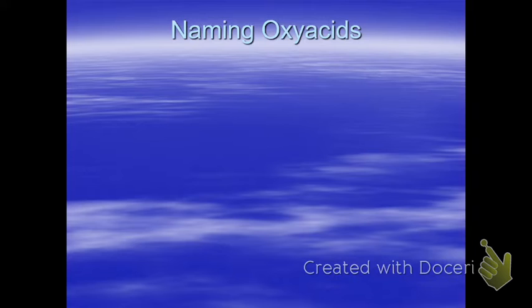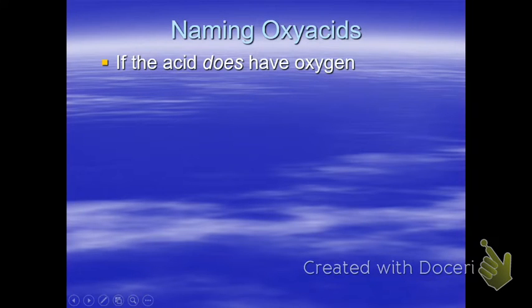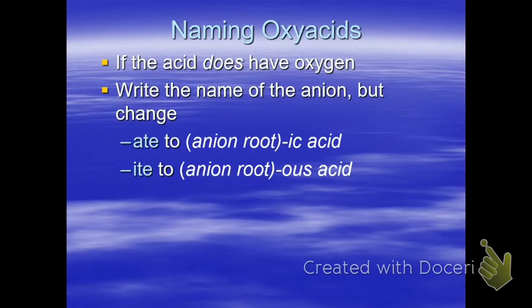What if it's an oxy acid, meaning an acid that does have oxygen? For our purposes, guys, this is going to be acids that most of the time have one of our polyatomic ions in it. So here's the deal.